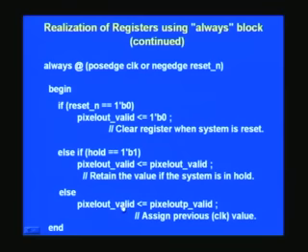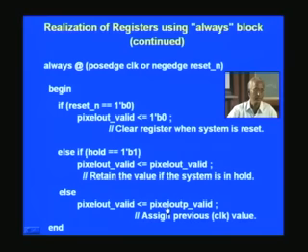The present value is assigned with the previous value, and note that this will be valid only at the following clock edge, positive edge. So the previous positive edge of the clock, this would have been set, and that gets reflected only in the next clock, that is here, right.